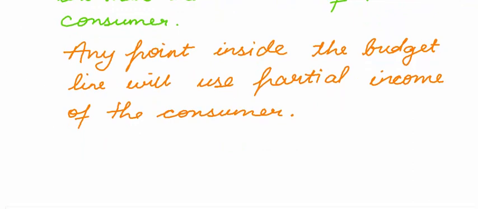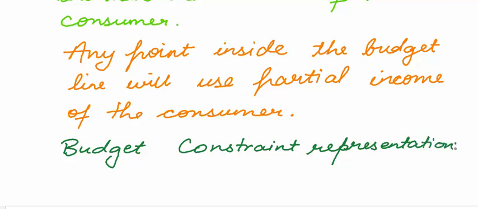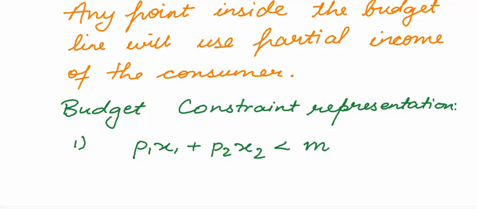Now let's try to analyze this point in detail. The budget constraint of a consumer can be represented in 3 different ways. According to the first representation, we can say that P1x1 plus P2x2 can be less than the income of the consumer.